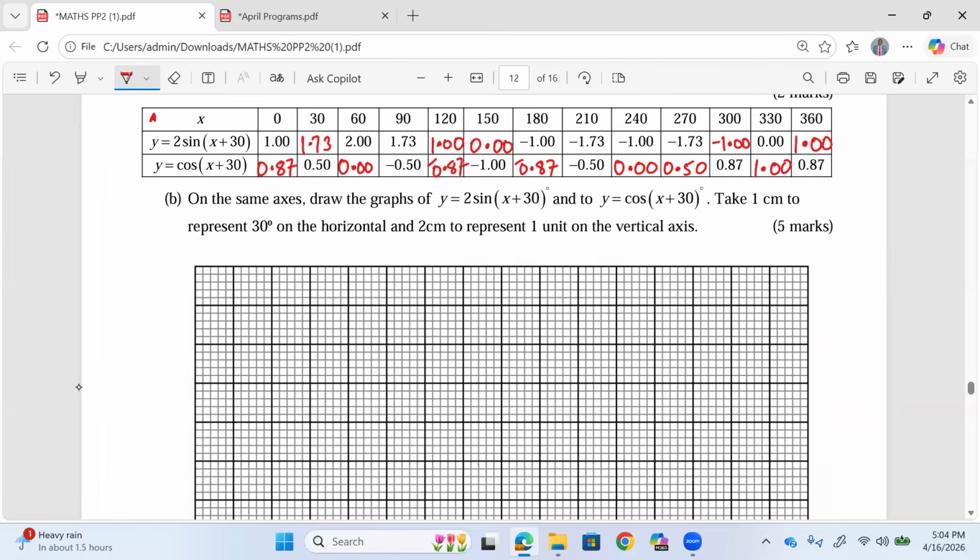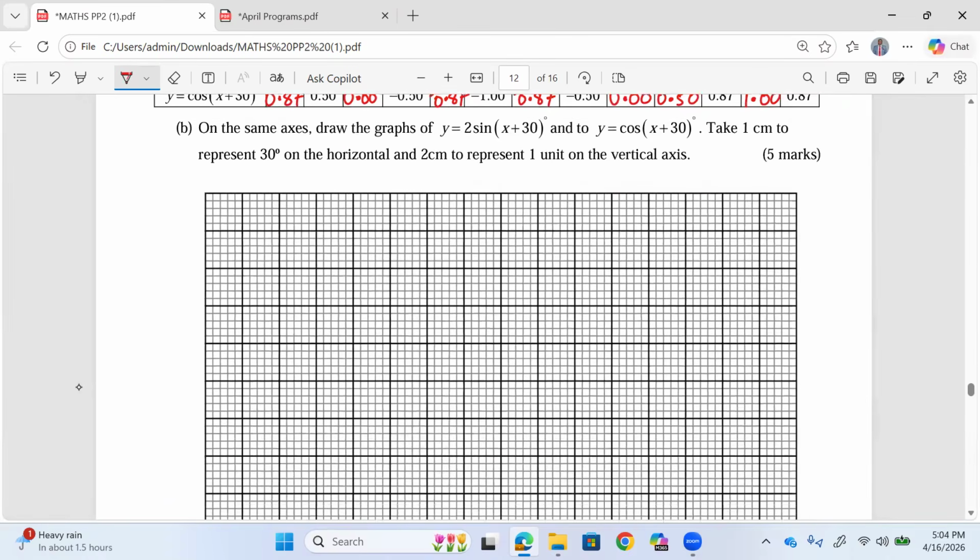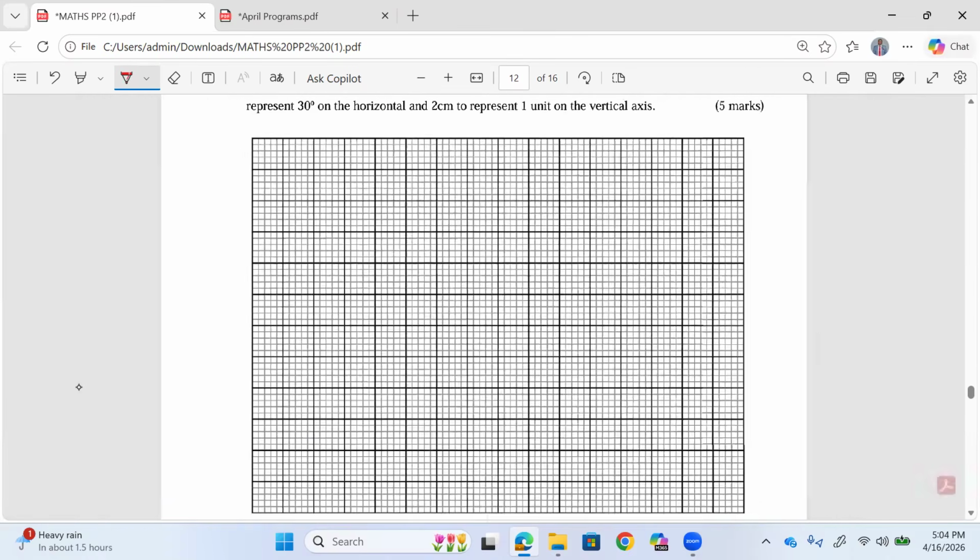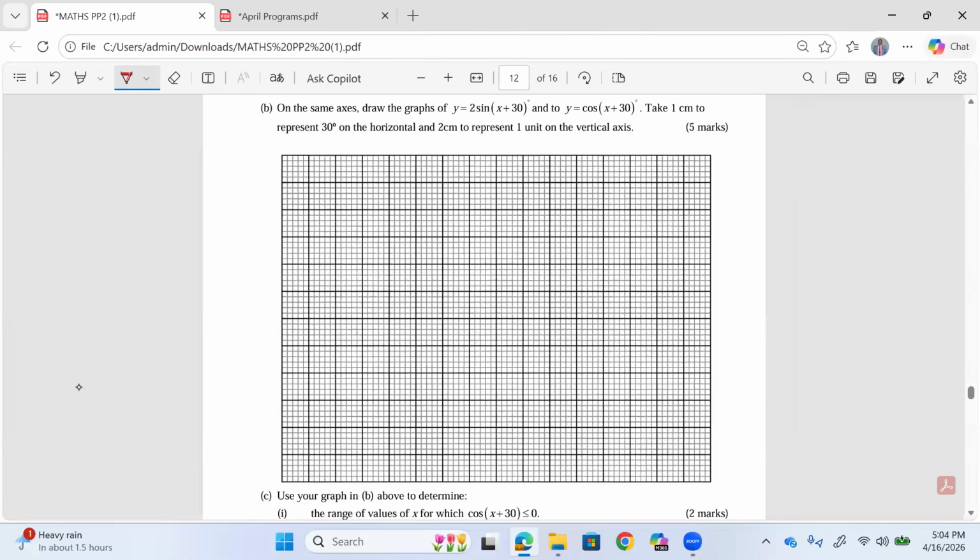Take 1 centimeter to represent 30 on the horizontal axis, which is the x-axis, and 2 centimeters to represent 1 unit on the vertical axis. So we can now interpret the scale.